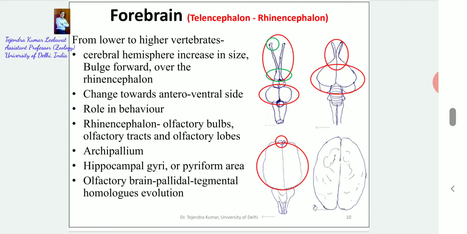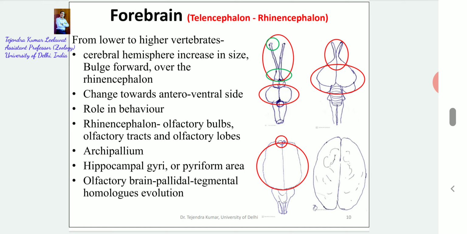Next, the rhinencephalon has olfactory bulbs, olfactory tract, and olfactory lobes. I marked them with the green circle, present on the upper anterior side in the upper left diagram of the bony fish. The green circle shows the olfactory bulb. A bulb-like structure is present here, and next it proceeds toward the posterior side, and it is called the olfactory tract.